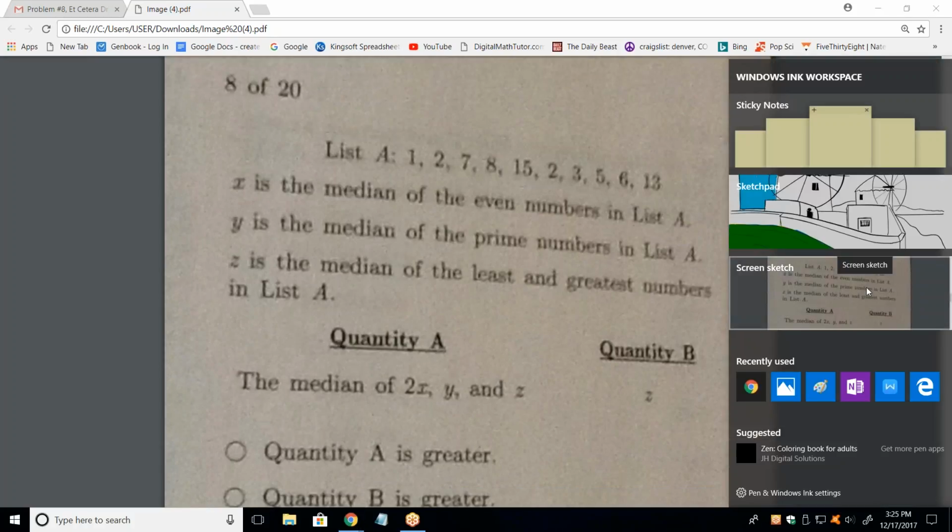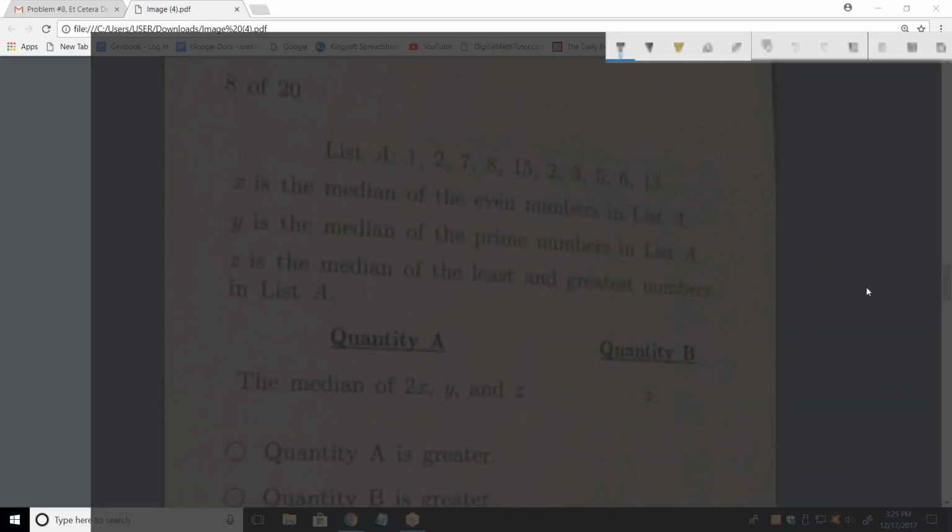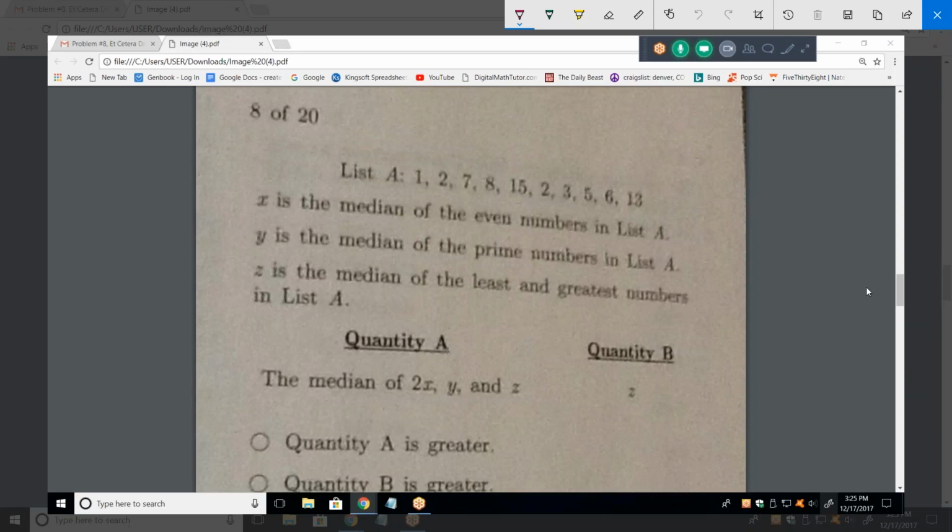All right, let's see. Do we have to sort these? Probably. Sometimes you don't always have to sort them, but most of the time, in fact, I can't remember one where we didn't have to sort.